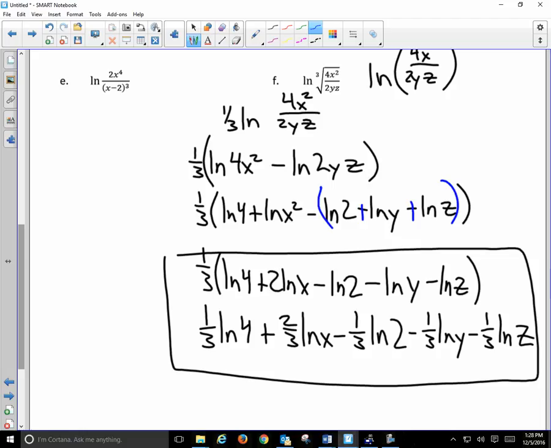Remember, if it's in the denominator, it should be negative, and if it's in the numerator, it should be positive. And so that's one check that you can do. Anybody else? A question or a thought? If you'd like to leave the 1/3 factored out, that's fine. Either answer would be acceptable.